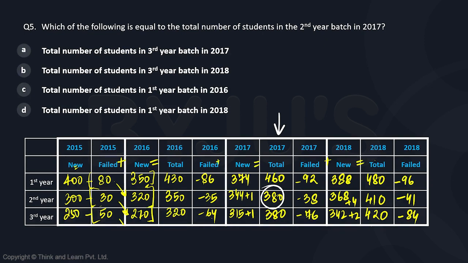Well, this 380 is the same as third year batch of 2017. So option A says total number of students in third year batch in 2017. So this is the answer. These are the total number of students that are the same, while the other values are not the same. They are all different for other years and other batches. So option A is going to be the answer.